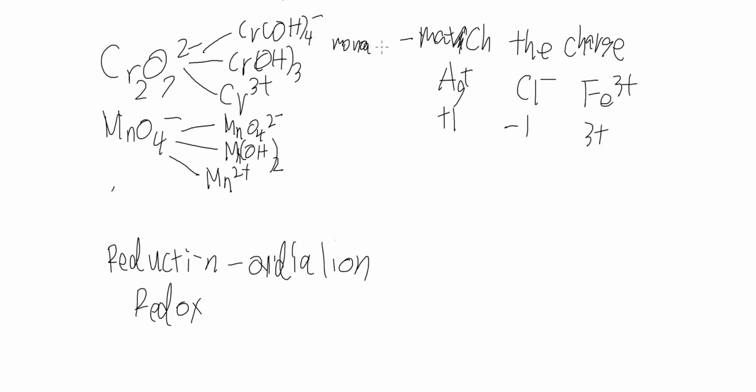But not everything. If it's a polyatomic molecule, then we need to make a couple more tweaks. Usually halogens, X in this case, will have a -1 oxidation state.